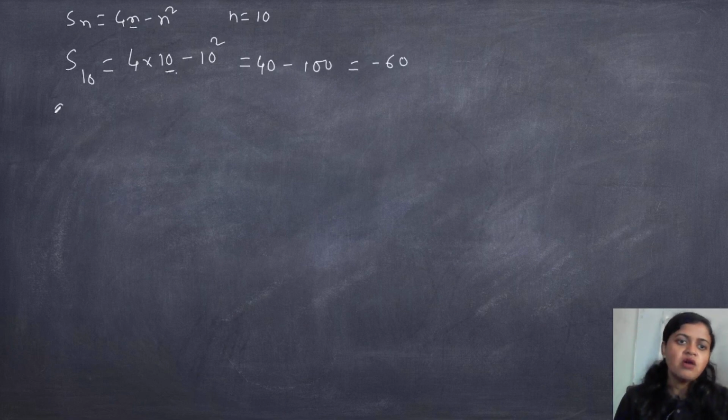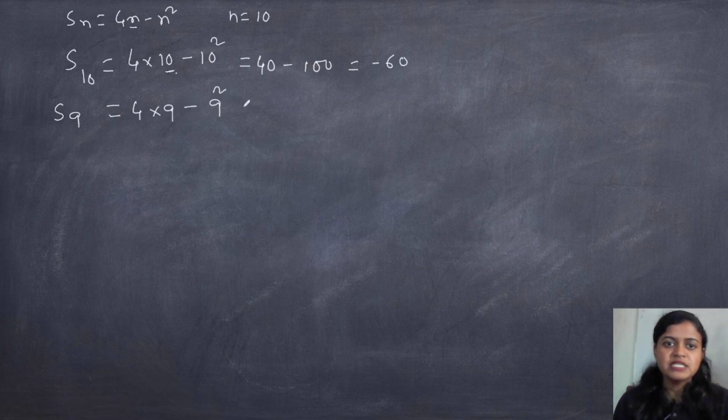S10. Now you have to find S9. So S9 means you have to put the value of n as 9. So 4 into 9 is 36, minus 9 square, 9 nines are 81. So that is minus 45.